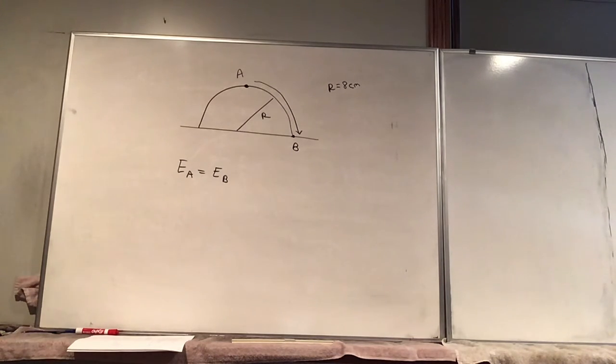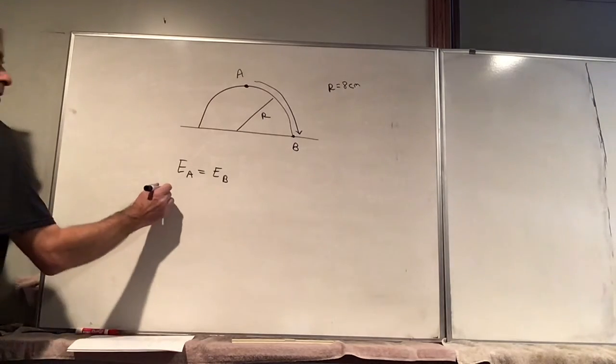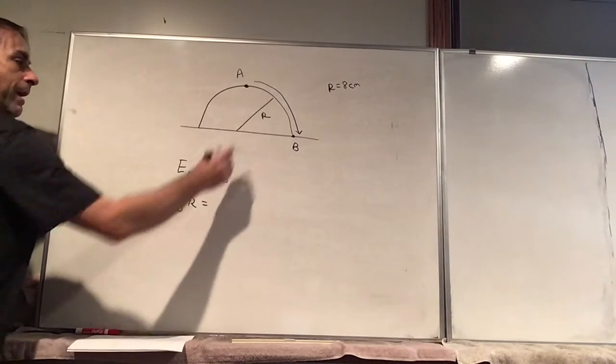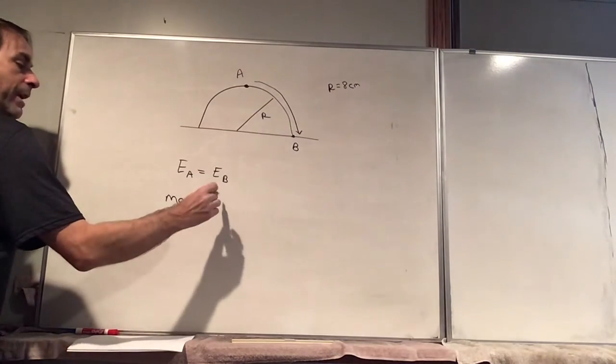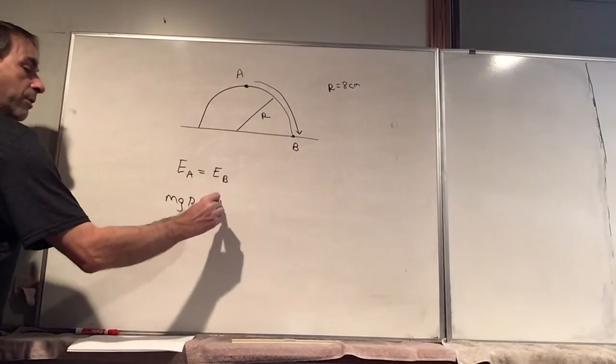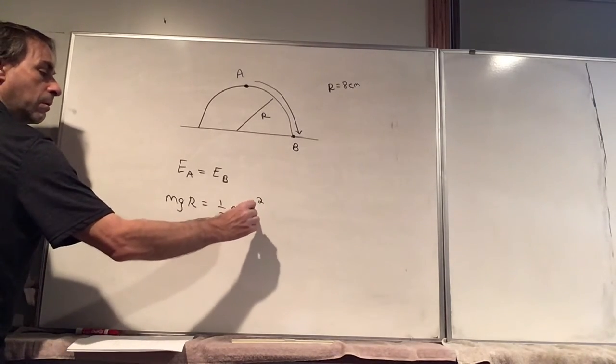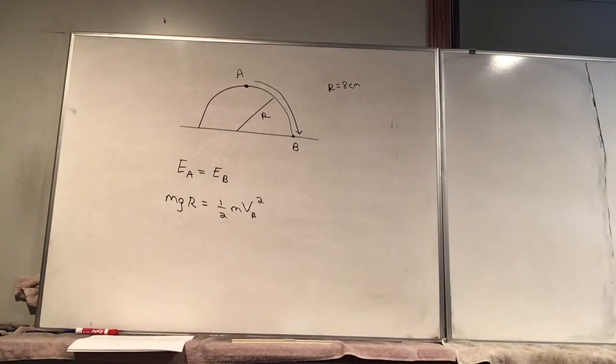Conservation of energy is a very easy approach to do this. And then it's kind of straightforward. At A we have potential energy, mgr, and at B, that's when it hits the ground, it has no potential energy, but it has kinetic energy, 1/2 mv squared.